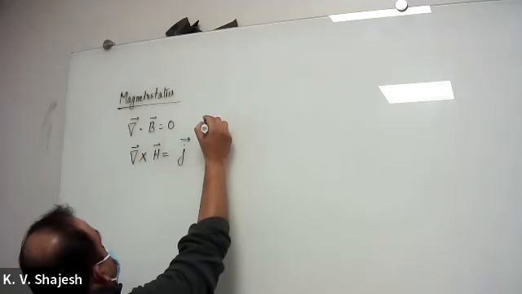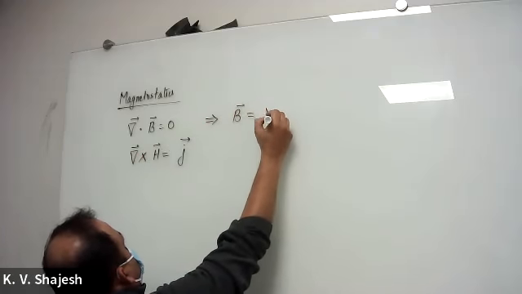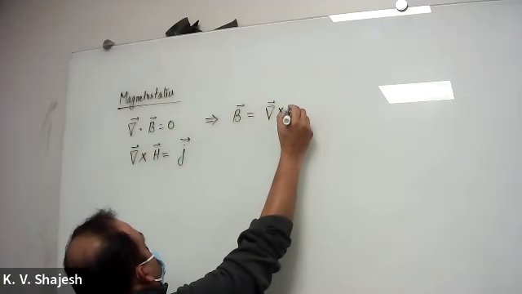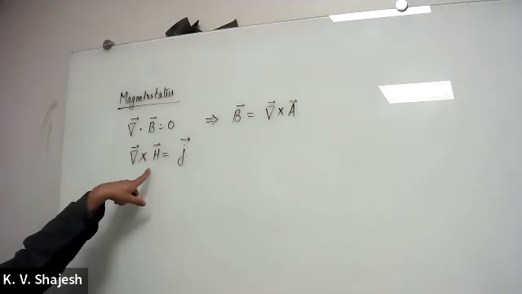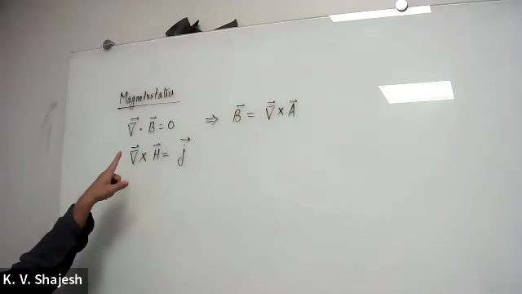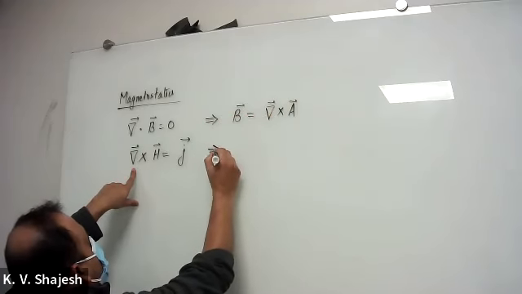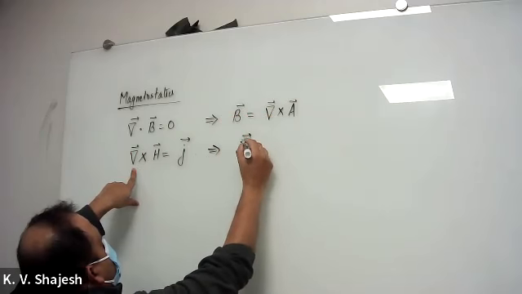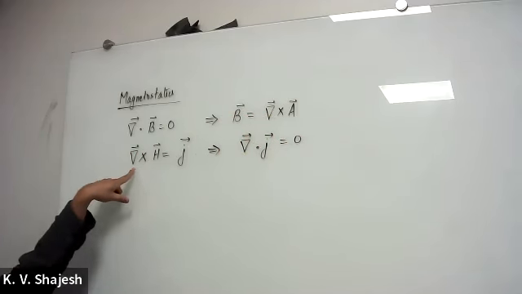This would immediately imply that B is equal to del cross A, that there exists a vector potential which gives you the magnetic field. But what about this? We can take the divergence of this. The left hand side is 0. This implies that the divergence of J has to be equal to 0. Is that clear?